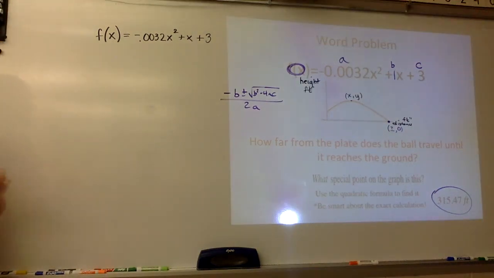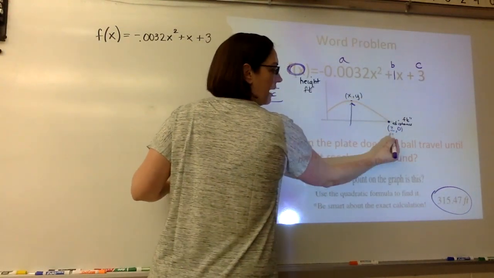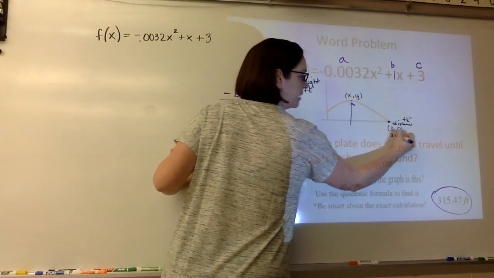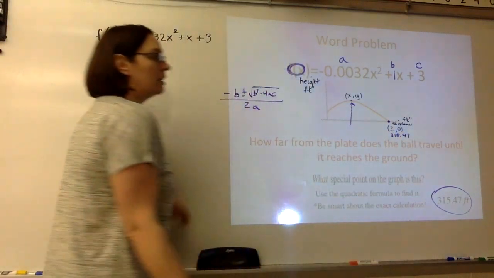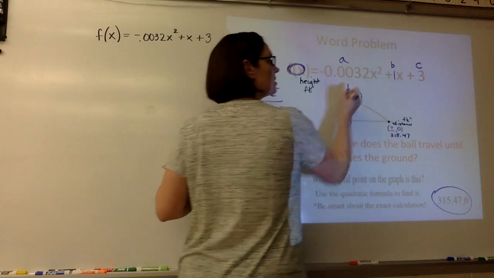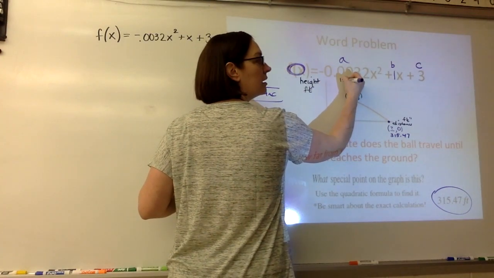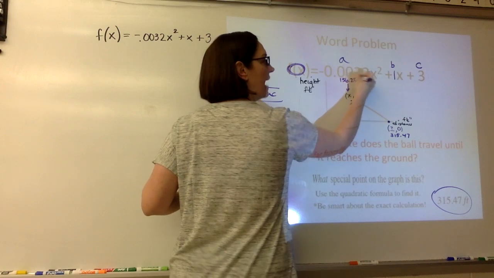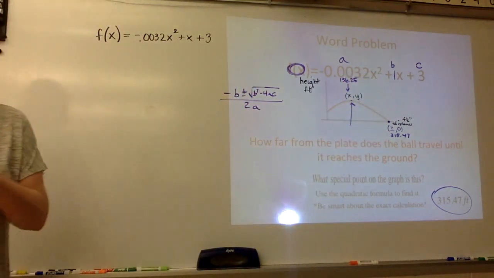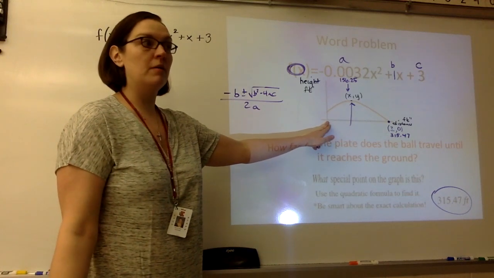The other thing to be careful of is in this example, when I get 315.47, what did I get for my x value of the vertex? 156.25. Notice I can't just double that, and the reason I can't double it is because this didn't start at 0, 0.